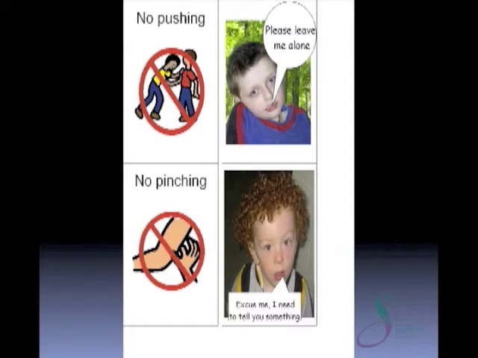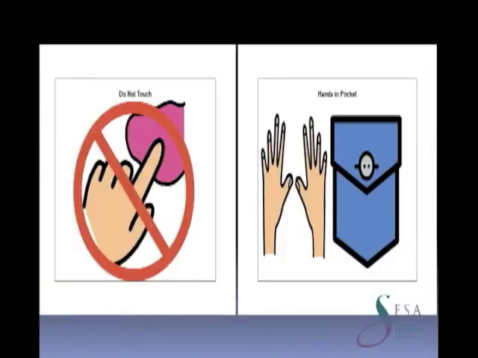So here's another example, and this is the template that you have online that you can print out. No pushing. What do I want you to do instead? I want you to say, please leave me alone. No pinching. What do I want you to do instead? I want you to say, excuse me, I need to tell you something. And you can even post your visual rules in the environment.